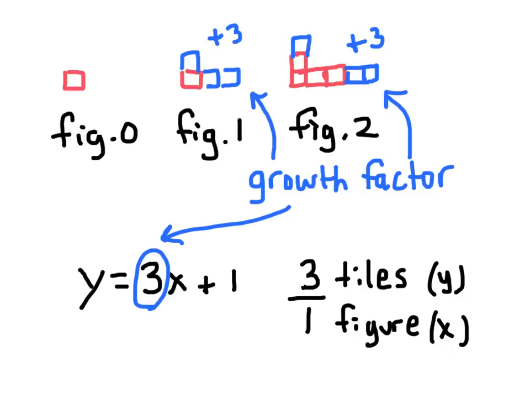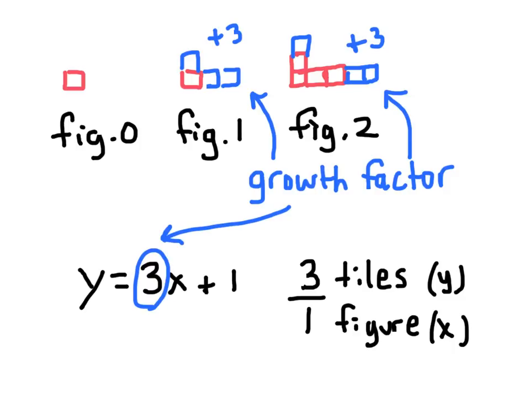Here we have the same example, y equals 3x plus 1. If we were to draw the figures which represent this rule, figure 0 would have 1 block or 1 tile. Then figure 1 would have 3 more tiles, and figure 2 would have 3 more tiles again.